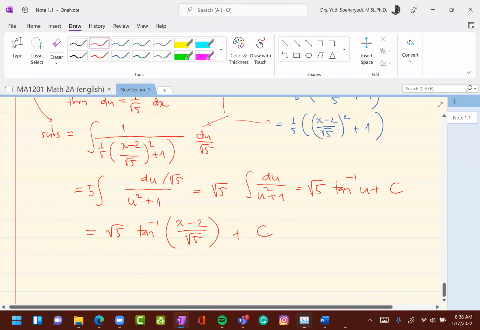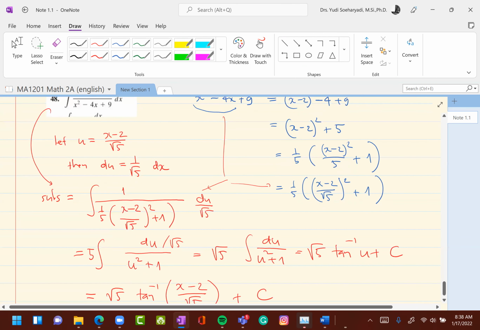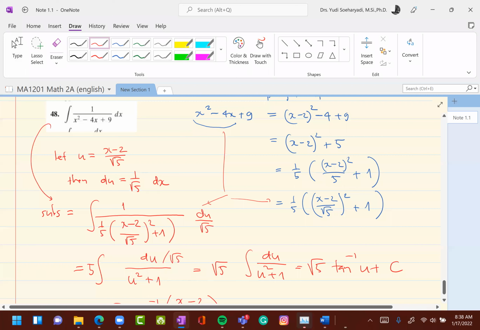Sir, isn't dx equal to root 5 du, not du over root 5? Oh, the root? No. How do you get u over root 5? I'm still slightly confused about that. Okay, here, let's just write this down like this.